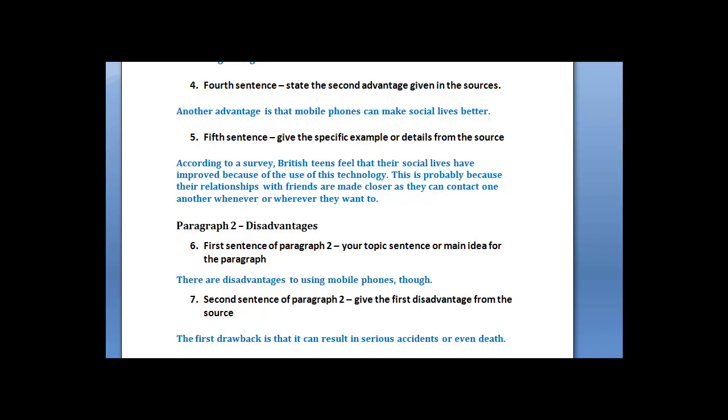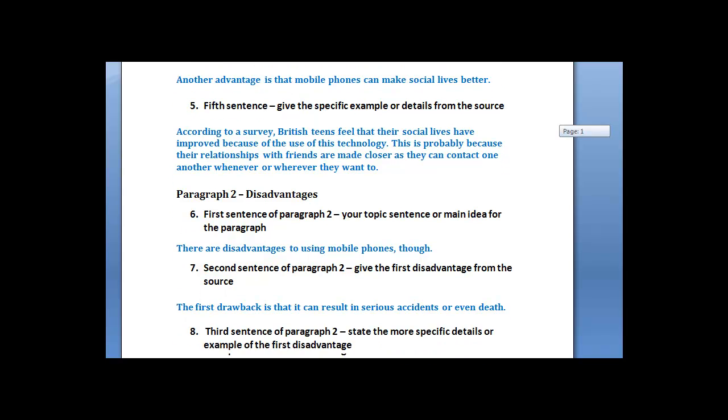To give more details about social lives being better, we state in the fifth sentence, according to a survey, British teens feel that their social lives have improved because of the use of this technology. This is probably because their relationships with friends are made closer as they can contact one another whenever or wherever they want to. That concludes the first paragraph.